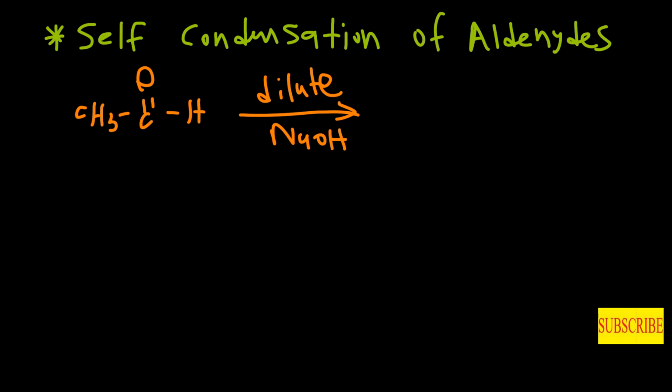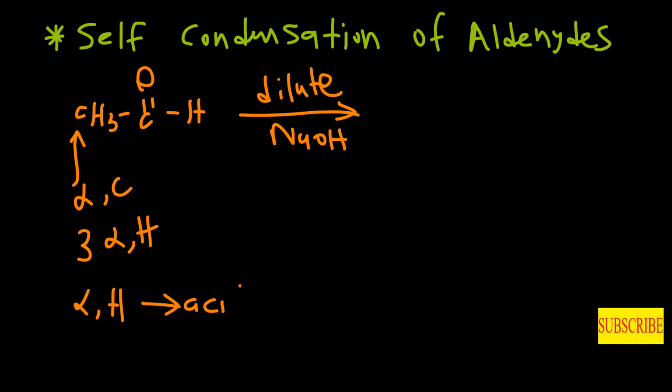Then we need to consider how many alpha hydrogens are present in this acetaldehyde. We can see this carbon is known as the alpha carbon, and this alpha carbon is surrounded by 3 alpha hydrogen atoms. This alpha hydrogen is acidic, that shows acidic features.